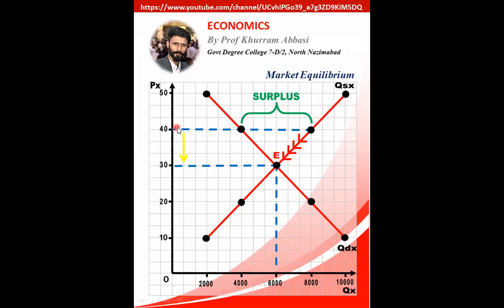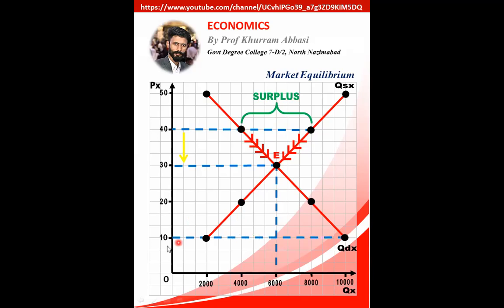And as per law of demand, when price decreases, there are some consumers who can afford the goods and they increase the demand. Due to decrease in price, consumer has come to increase demand. You can see the demand increasing. It means the surplus has reduced and it has come again to the equilibrium point.